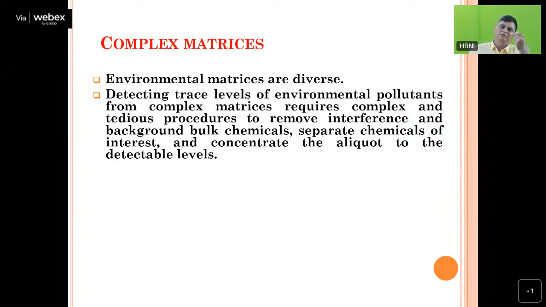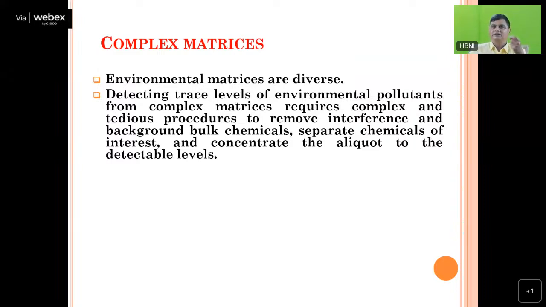It's really very tedious, because you don't know whether the element is added due to the solvent which you are using for extracting it, or whether it is naturally present in the sample.